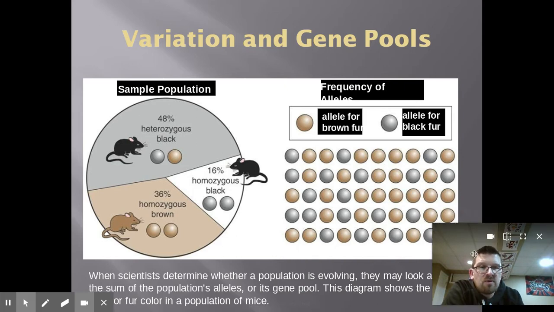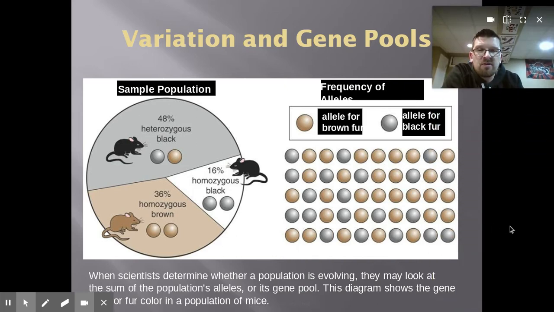So, as it says down here at the bottom, to determine whether a population is evolving, oftentimes they look at the sum of the population's alleles, or its gene pool. If you look down here in this diagram, you see that 48% of these rats were black, whereas 16 were homozygous black. So all in all, 64% are going to show the black trait, even though there's a bit more of that brown trait available.